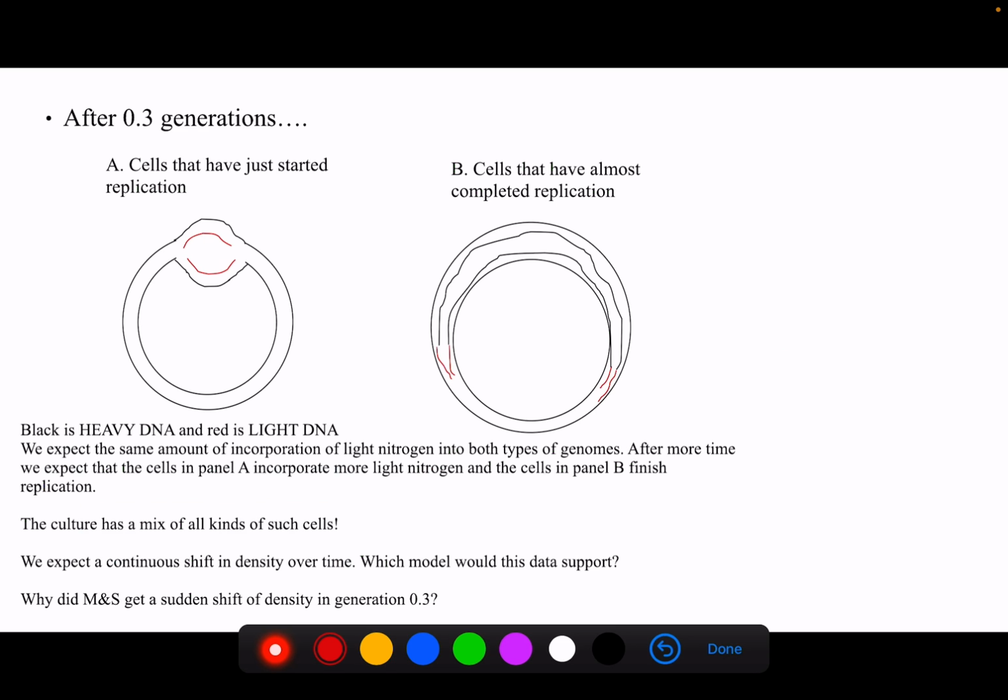Black is heavy DNA and red is light DNA. So if you have something like this, so this DNA, if it is double stranded, while putting on the gradient, you will get something like density of N15 and density of N14.